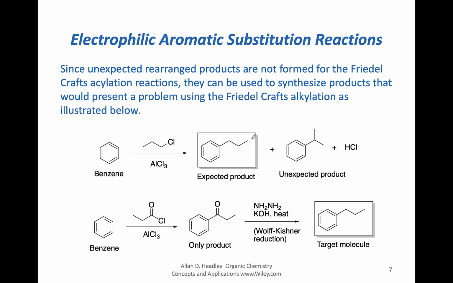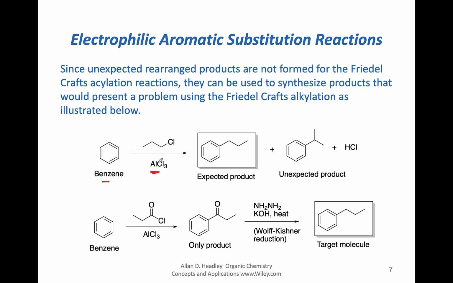Let us look at a practical application of the acylation reaction. You will recall the reaction of benzene with this alkyl chloride, 1-chloropropane. If you carry out this reaction in the presence of a catalyst, there will be a reaction.